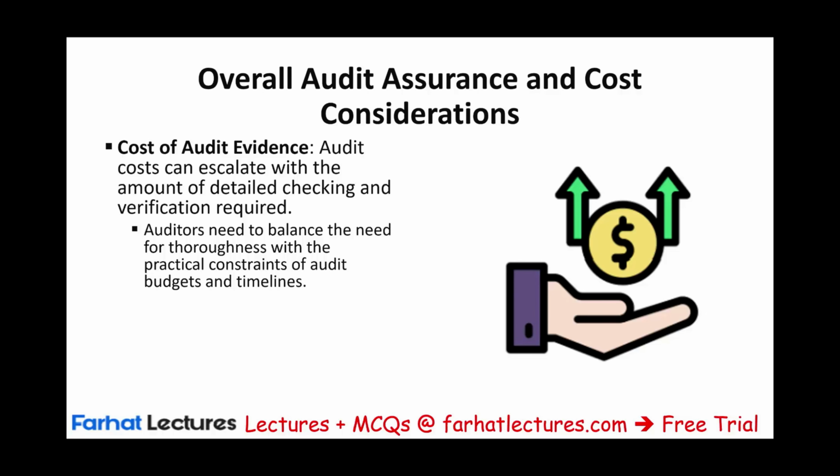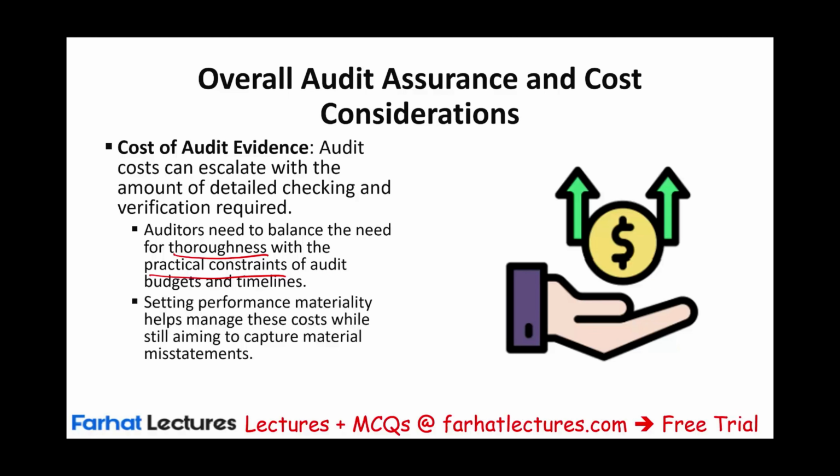We have to plan properly. Auditors need to balance the need for thoroughness with the practical constraints of audit budget and timeliness. So we have to finish the work early within a budget. We don't have unlimited resources. So performance materiality will help manage costs because it will tell us what accounts we need to focus on. The more important we need to focus on, the more time, the more resources we need to allocate to this account.